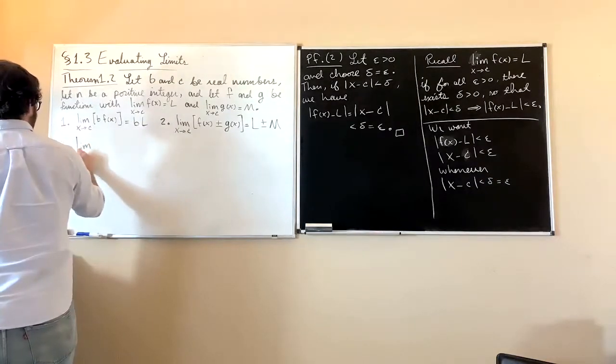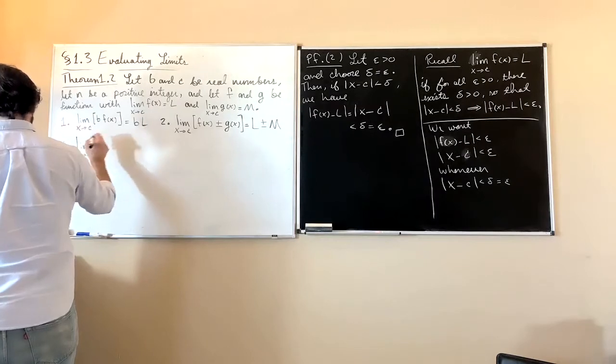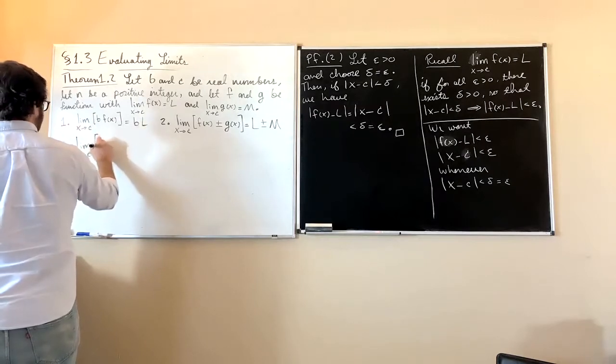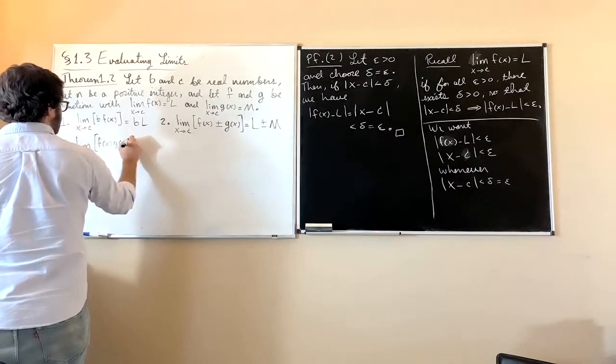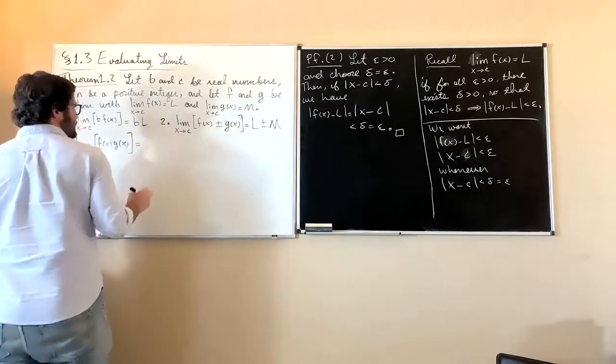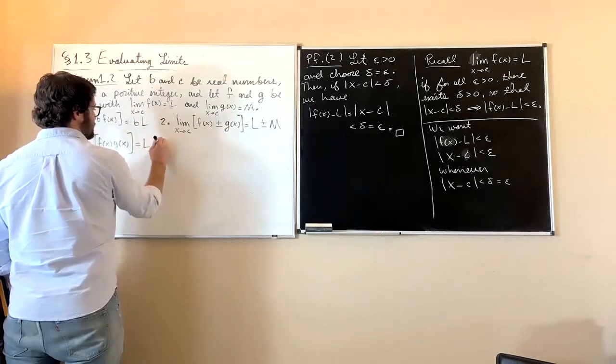Part three, the limit as x approaches c of the product of f of x and g of x is just going to be L times m.